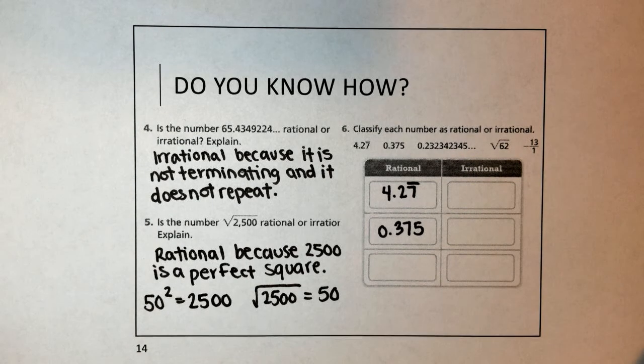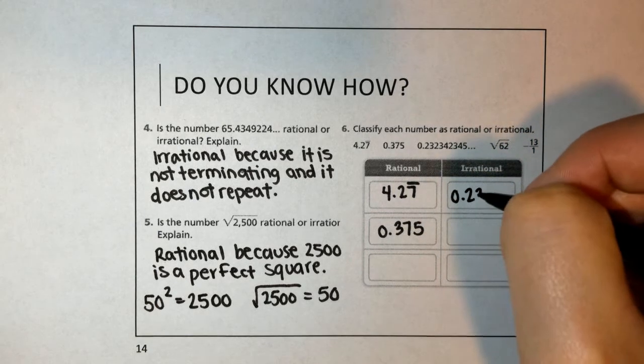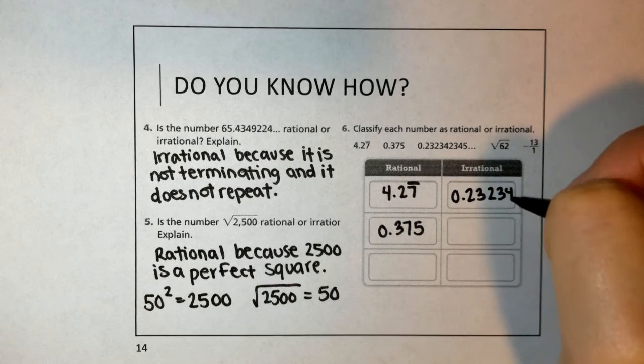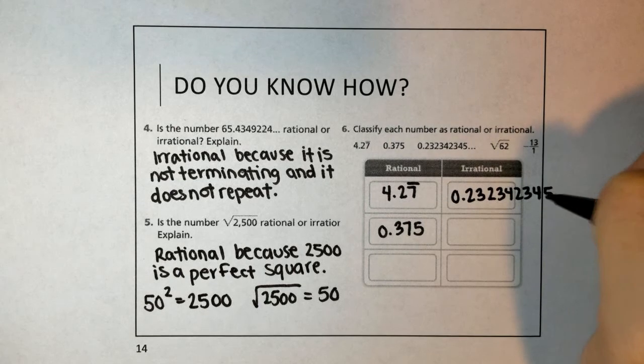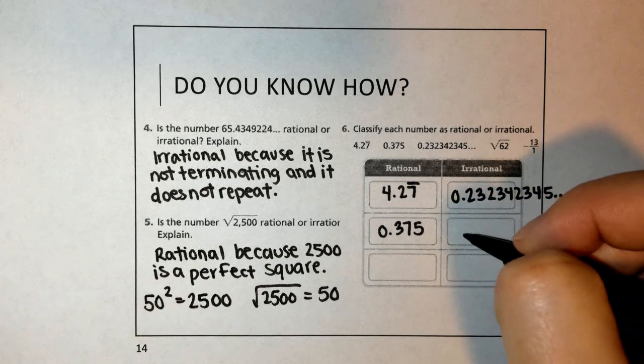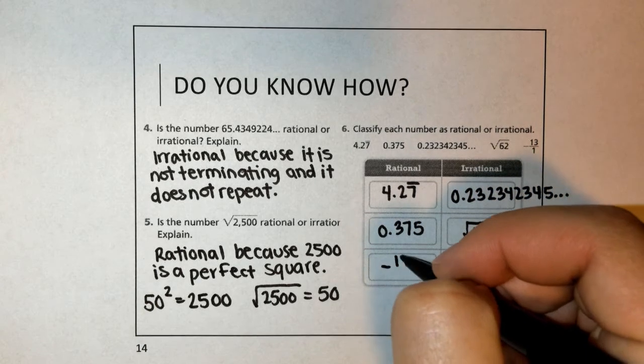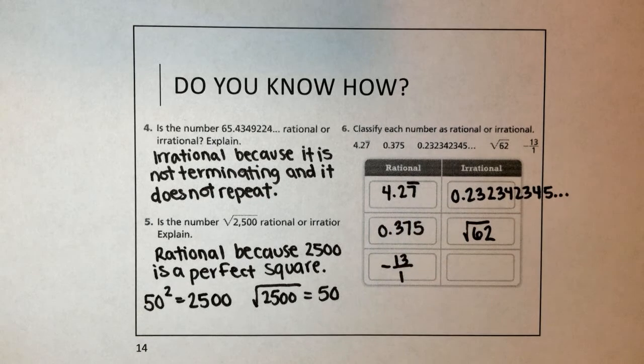It does not terminate, and it does not have a repeating pattern, so it is irrational. The square root of 62 is irrational. 62 is not a perfect square. And then the last one, negative 13 over 1. That's a ratio of two integers, so it is rational.